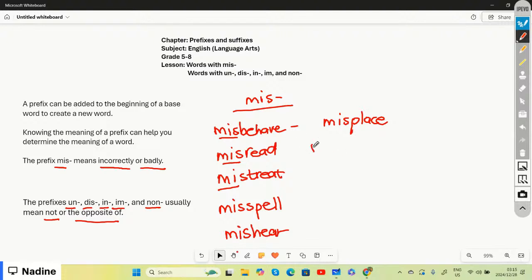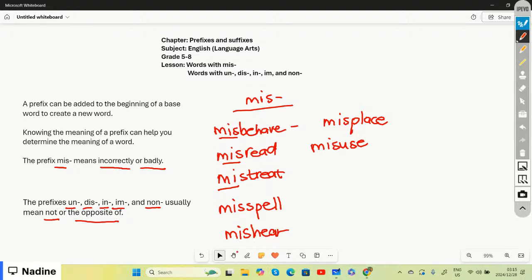We have misuse. And based on the meaning of the prefix mis, incorrectly or badly or wrongly, you can already try and come up with your own meaning, or you can basically determine the meaning of what that new word is.